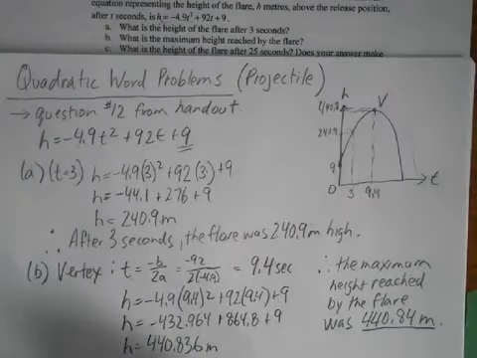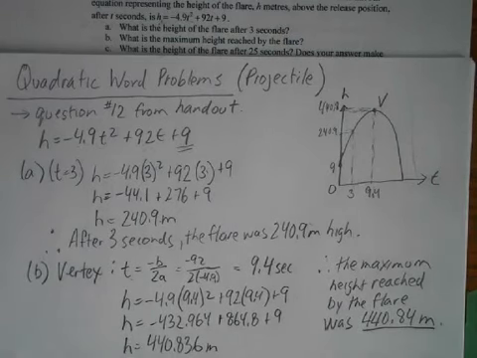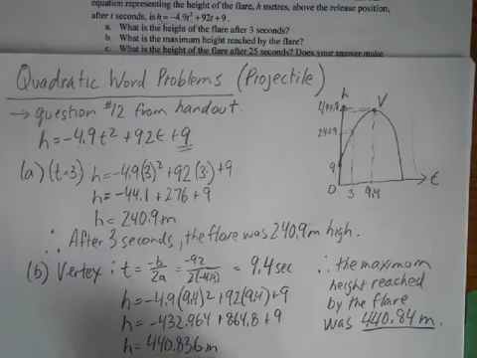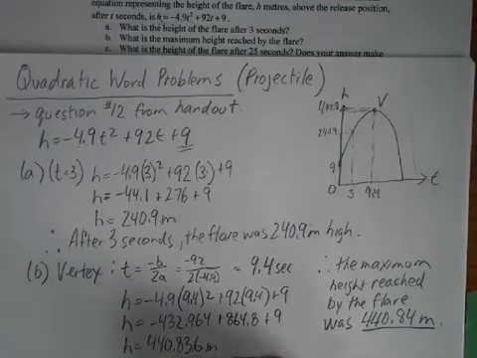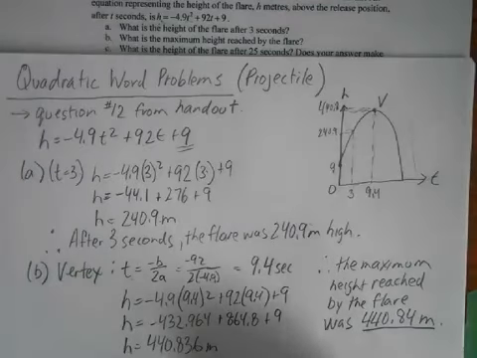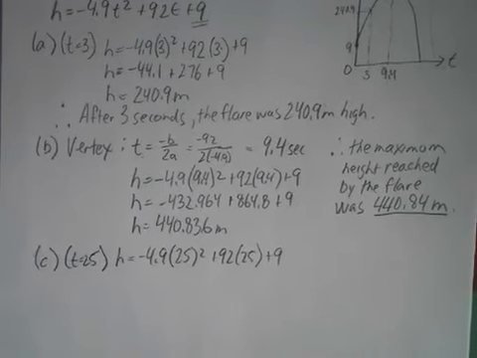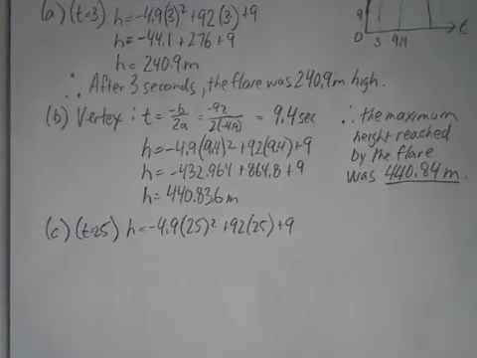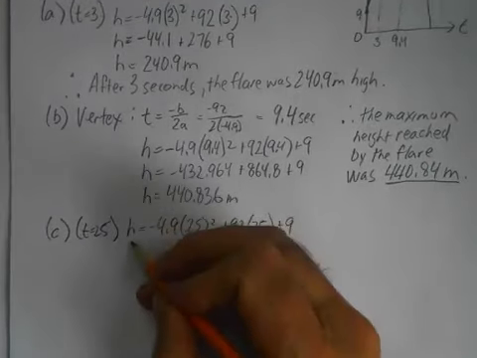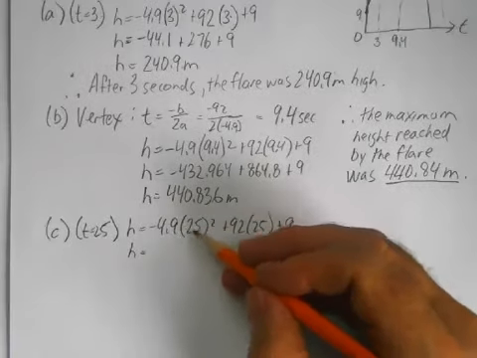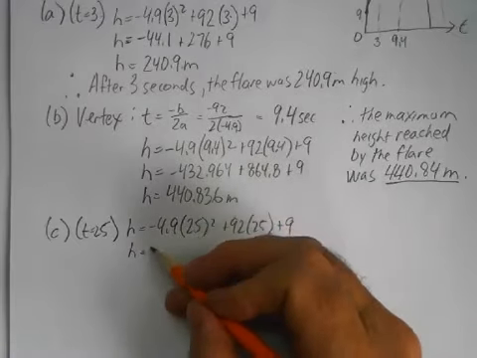So t equals 25. We've got h equals negative 4.9 times 25 squared plus 92 times 25 plus 9. Oh, sorry, you couldn't see that. There we go. Okay, if we calculate these, this is going to be a huge number, and a huge negative number.